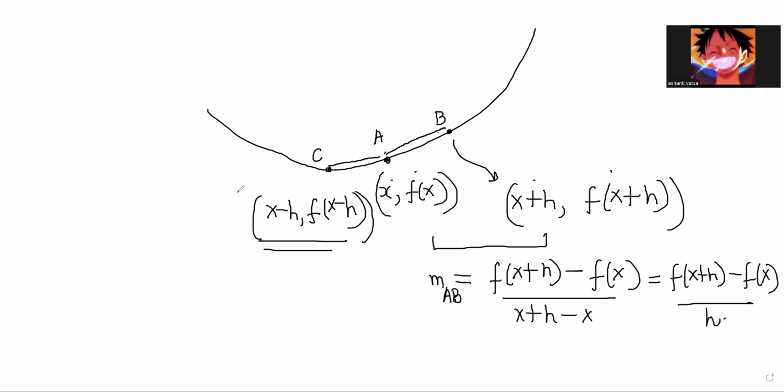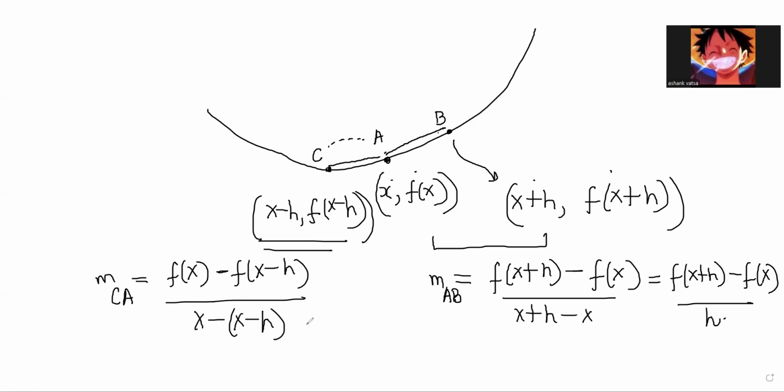Yes, sir. And on the other side, from the left-hand side also, if you take the slope of C to A, that would be f of x minus f of x minus h by x minus (x minus h), right? So this becomes f of x minus f of x minus h divided by h, right?